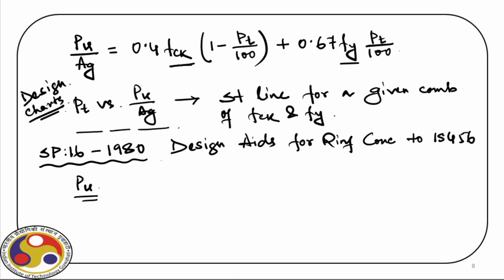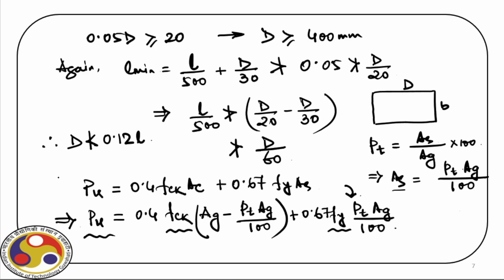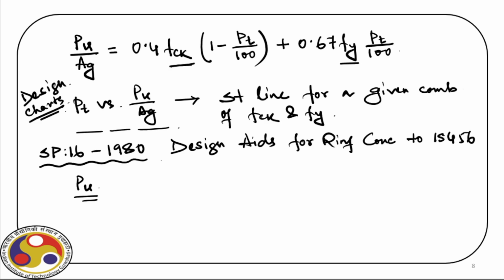And also, if you recall, we started with this equation 2, right? Instead of equation 2, we can also derive the same expression or similar expression for equation 1 also. So it gives clear idea about how to get the ultimate load carrying capacity of a given cross section when we set the fck value and fy value.